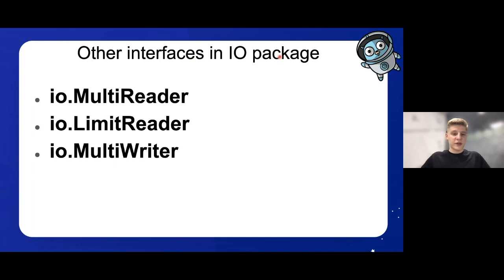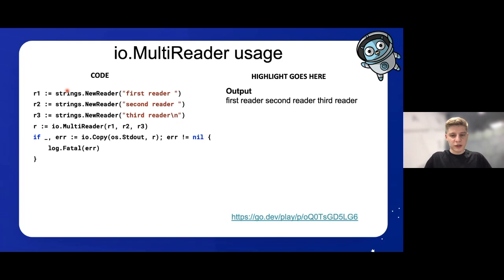The next are other interfaces in the io package that are not so popular, but they exist. MultiReader allows us to read from multiple readers. MultiWriter does the same, but for writing. And with LimitReader, we can set a specific number of bytes that we allow to read, not more than 10. All right, and it looks as follows.